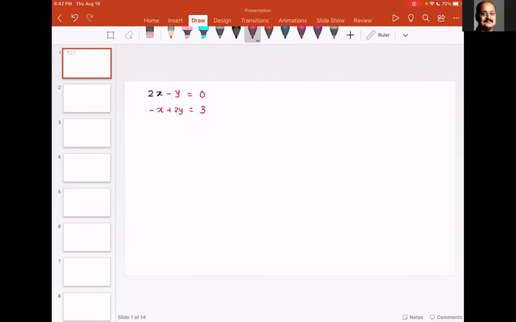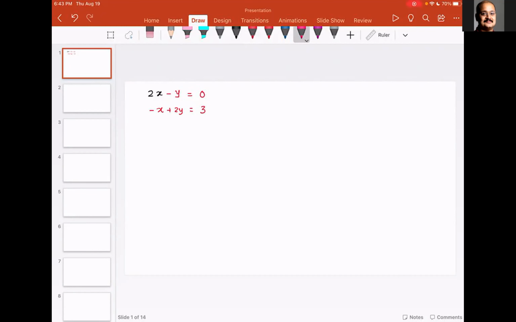This is the classic problem we try to solve in high school. We have two apples, three oranges, some money, one apple, two oranges, and there is some cost. Find the cost of each apple and each orange. That is the very first problem that introduces us to linear algebra.